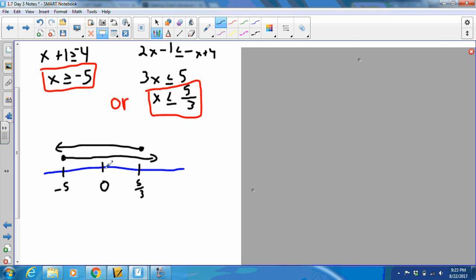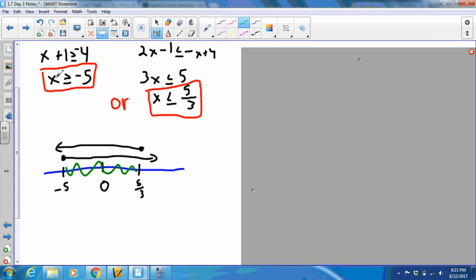For example, if we picked 0, well, 0 is greater than or equal to -5. It's bigger. And 0 is less than or equal to 5/3. That is a solution. So because that is a solution, we know we need to shade in between. But what about numbers on the outside? Let's say -6.